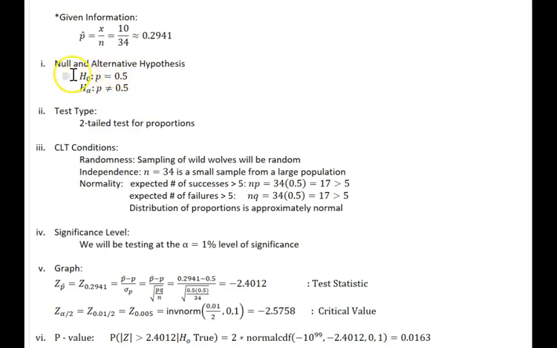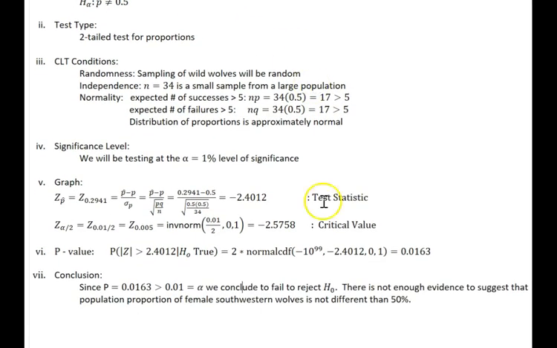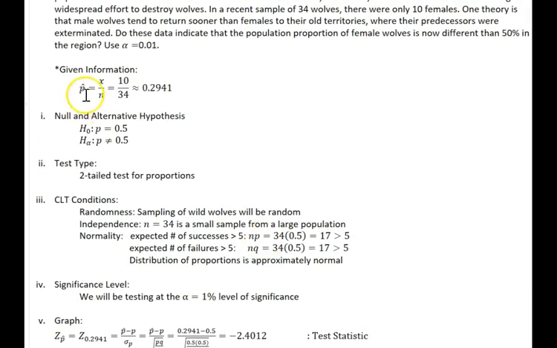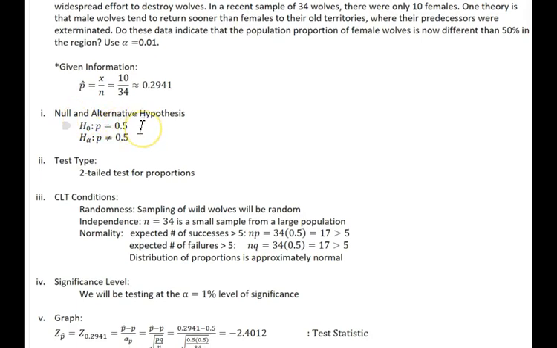I just don't have enough evidence to show that yet. Okay? So there is not enough evidence to suggest that my population proportion of female southwestern wolves is different than 50%. It could be that it's true, but I can't say that yet. I don't have enough evidence to prove that that is true.